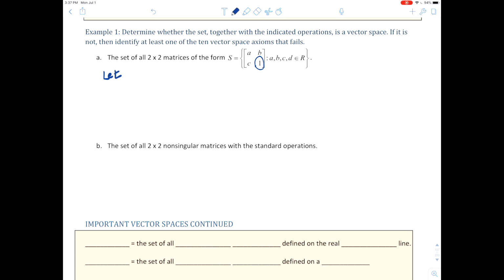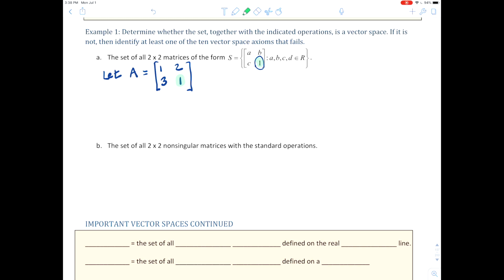So if we let A equal, now remember you need to pick an element from that set. So it needs to be a 2 by 2 matrix, and I'll just call it 1, 2, 3, but I have to have this 1 here because that is what the set S is defined as.